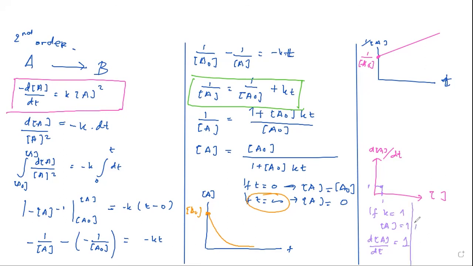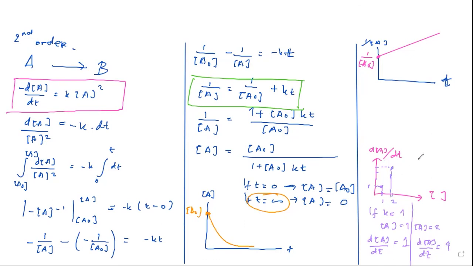Now, let's change A to 2. If A is 2, then dA over dt would be k, which is 1, times 2 squared, which is 4. So if we increase A to 2, it will be like this, right?